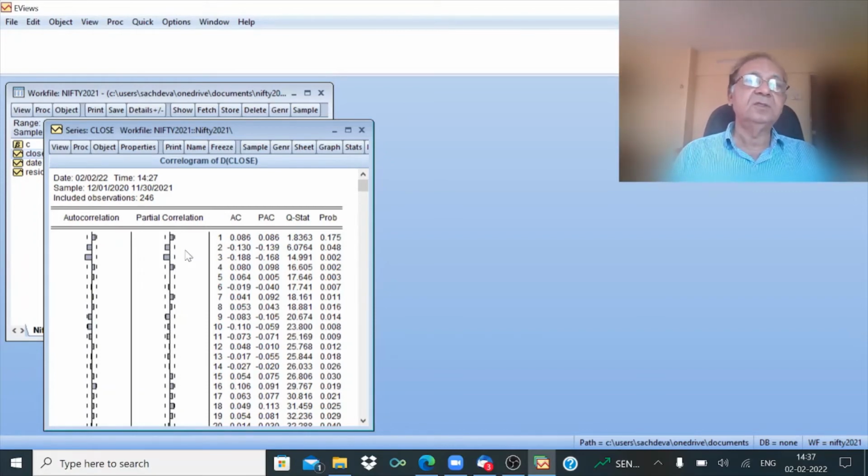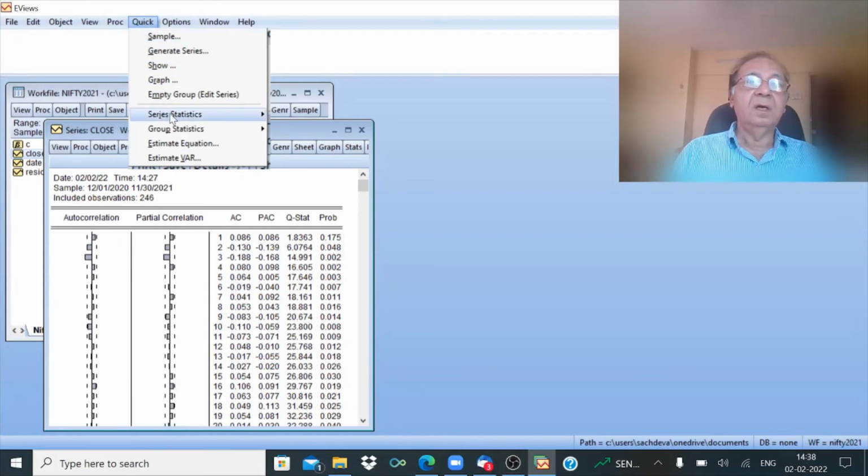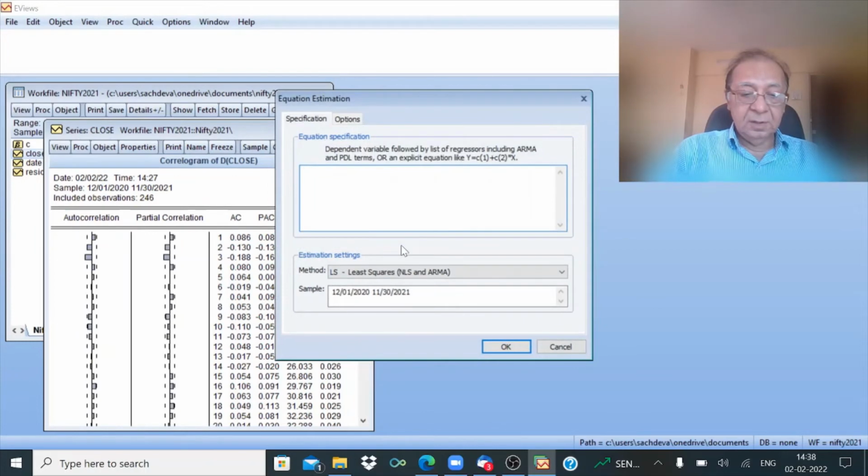So let us go to quick estimate equation. D. Why we are using D? First difference, because our series is not stationary at level, but our series is stationary at first difference.